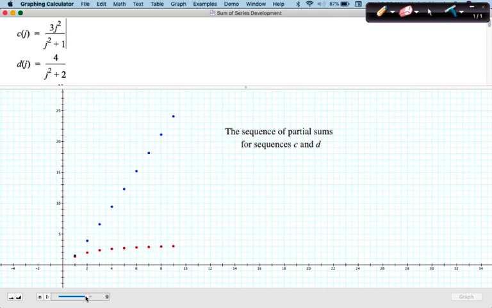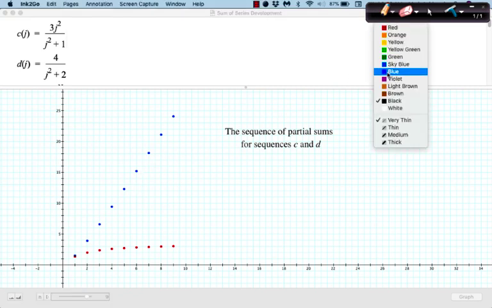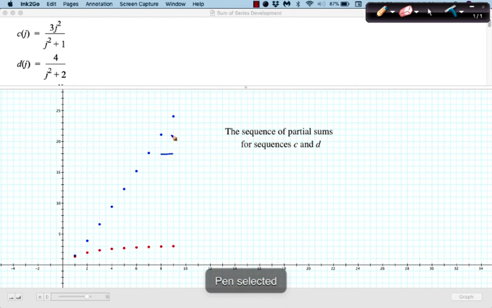So the blue graph, is it C or D? You should be thinking C, because every time we advance to the next I, we add a number getting closer and closer to 3. So the amount that it goes up each time is essentially this 3.